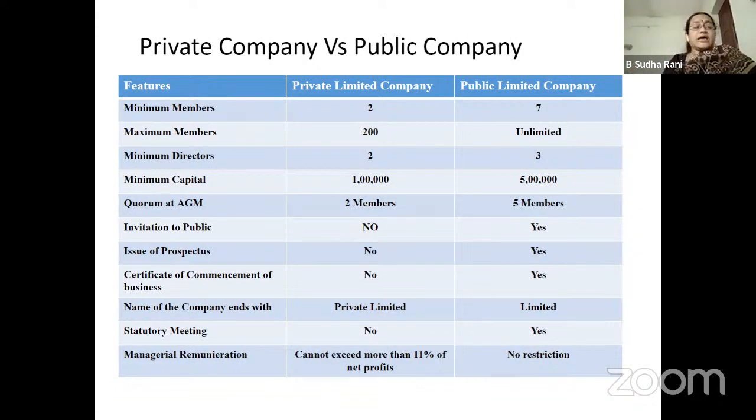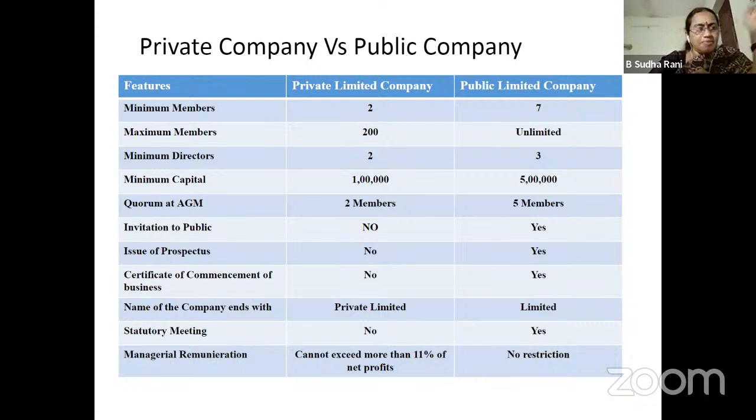Then coming to the directors, number of directors. A joint stock company, which is a public company, must have at least 3 directors to attend the meeting. How many directors must be there in a company?